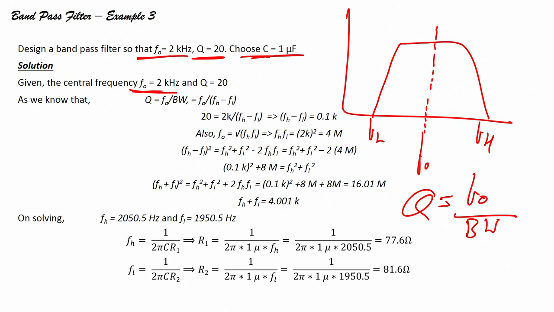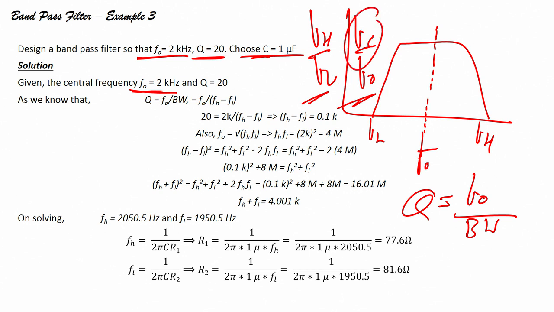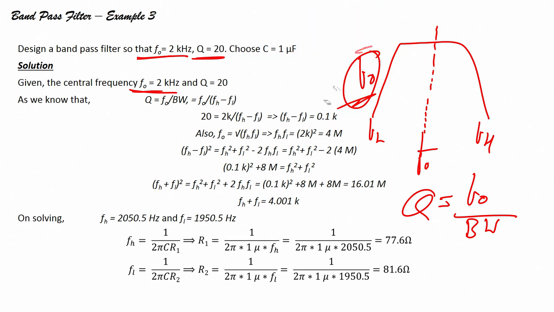When people say FH, FL, FC, FO, these are terms for different things, that does not mean everything is the same. This is the critical frequency, this is the central frequency, this is the higher cutoff, this is the lower cutoff. You have to understand what the terms are, but do not get confused if you suddenly see a new term.